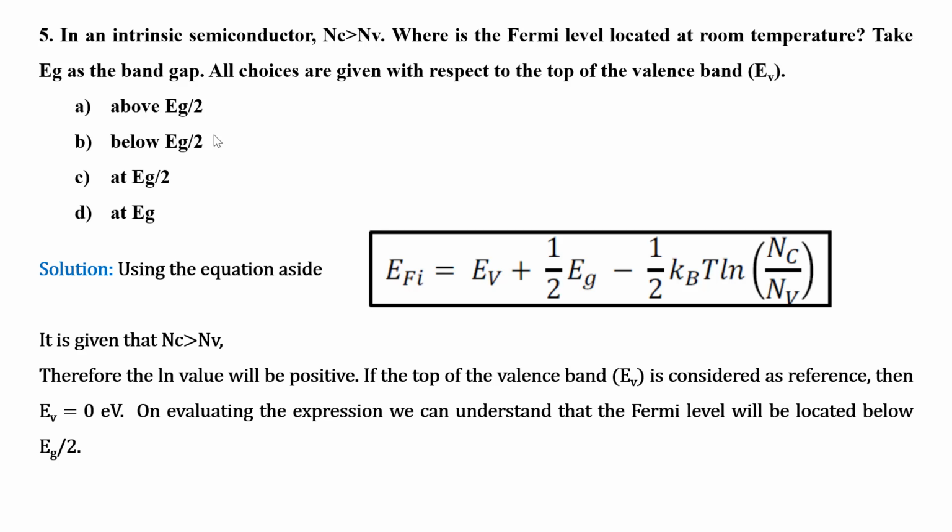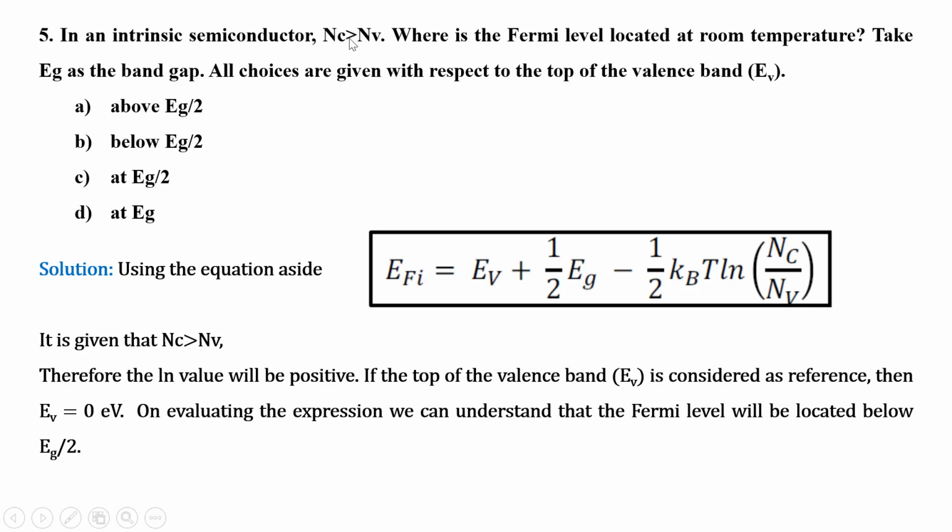If top of the valence band is considered as reference, then valence band energy, as I mentioned, will be 0. So this EV value will become 0. Therefore basically we have Eg by 2 minus half of some positive value. So Fermi level is located below the Eg by 2.